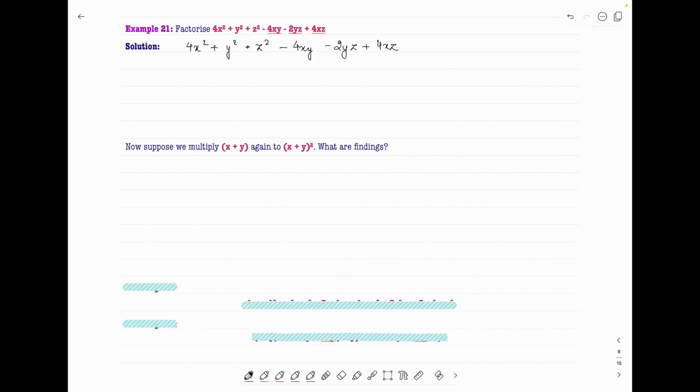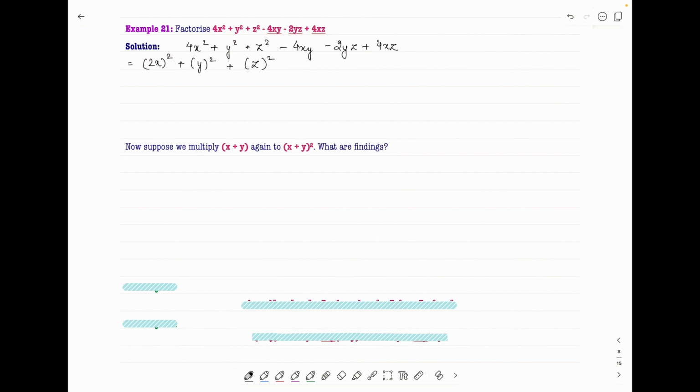See, 4x square can be written as (2x) whole square, plus y square can be written as y whole square, and similarly z square can be written as z whole square. Got my point?